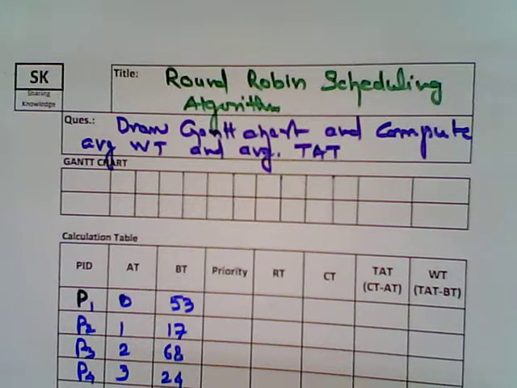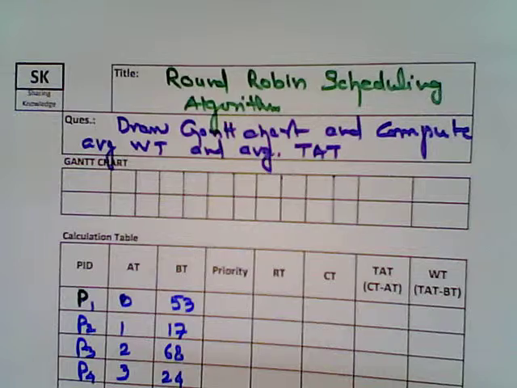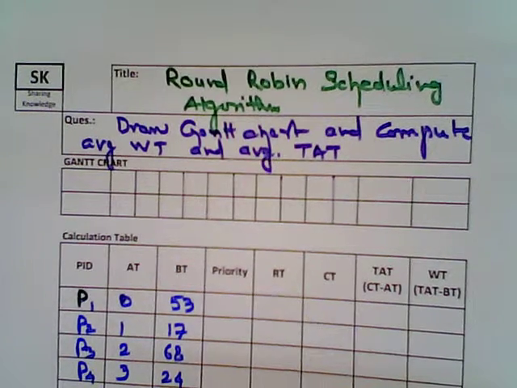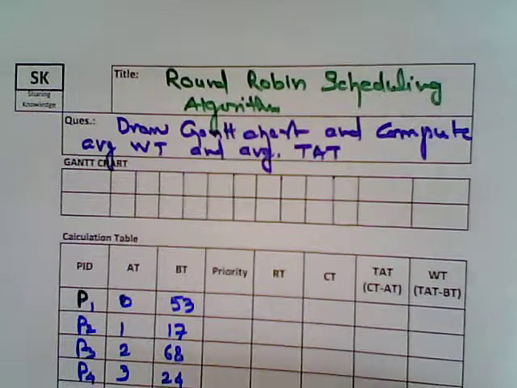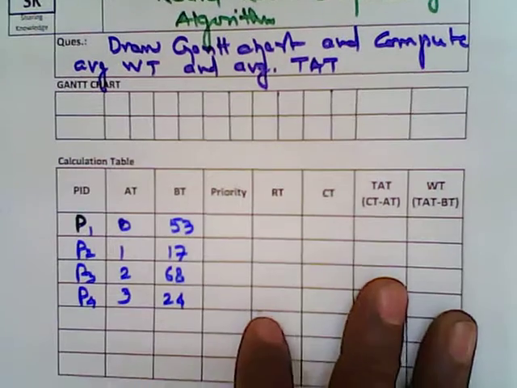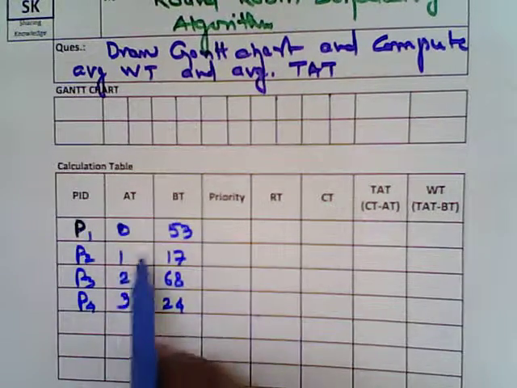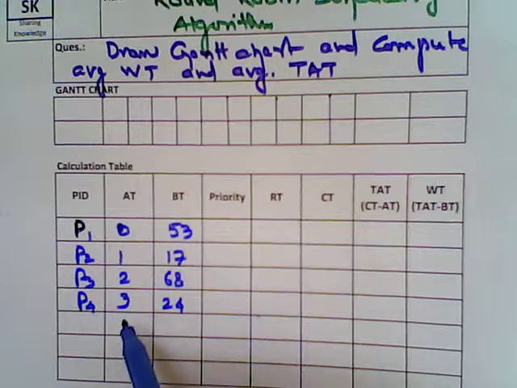As the name indicates, round robin is a preemptive process scheduling algorithm, and this type of algorithm is basically designed for time sharing systems. So you will see that every process is distributed based on time sharing situations.